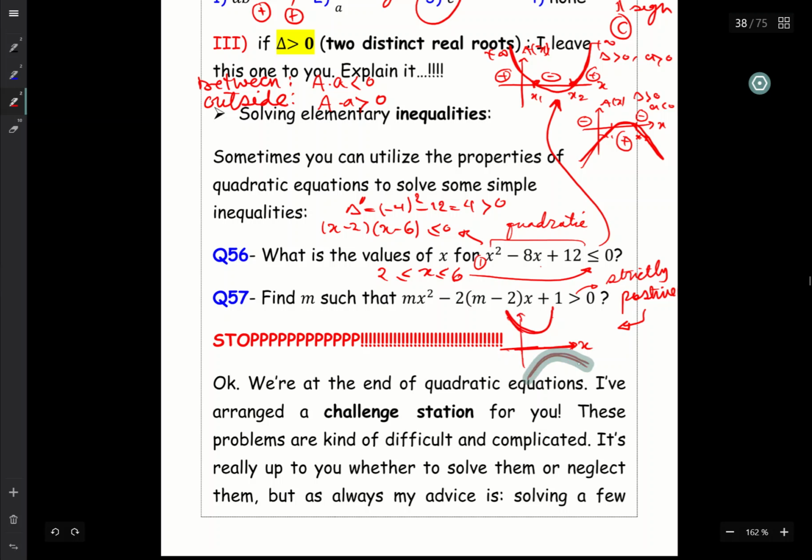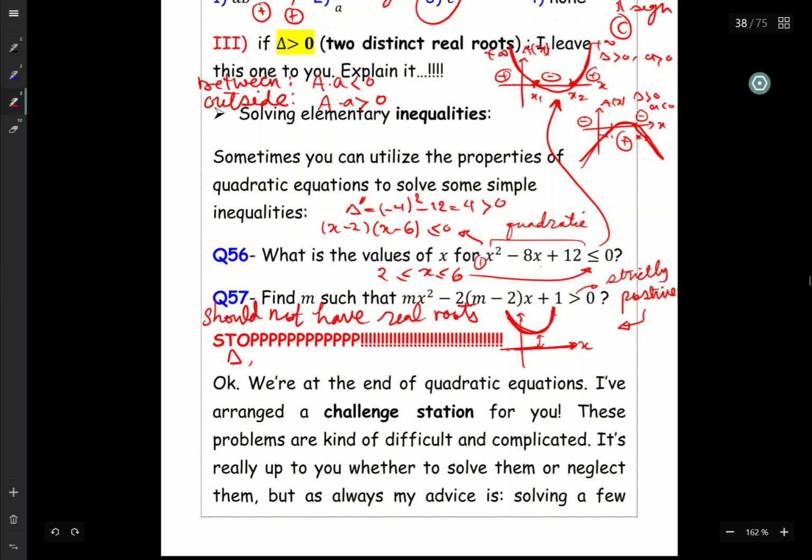And obviously in this case, we want to be always positive, right? We don't want to cross the horizontal axis. Therefore, it should never have a root. It should not have real roots. Always have two complex roots, but it should never have a real root if we want to be strictly positive.